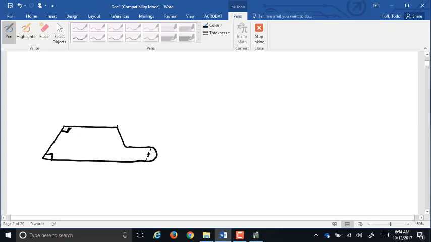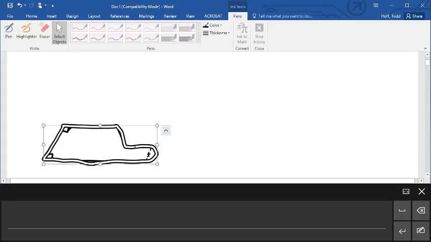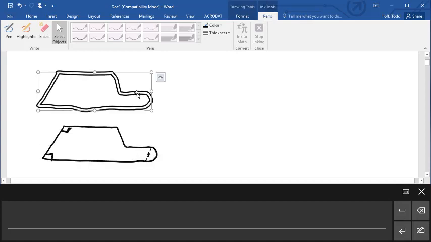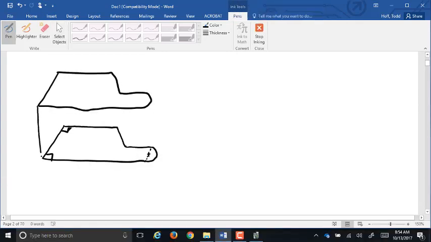This one obviously is not a right angle. Let me get the other side drawn, the top drawn first.